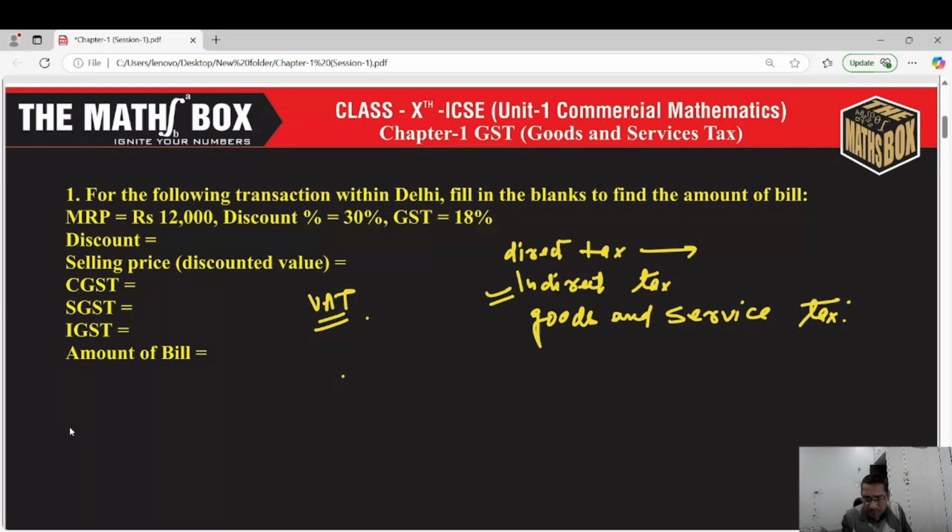Earlier this tax was known as VAT, the value added tax. Earlier we used to have VAT in our country. Then it was changed to goods and service tax by the government. The purpose of GST is to have a uniform taxation, a uniform rate of taxation across the country.